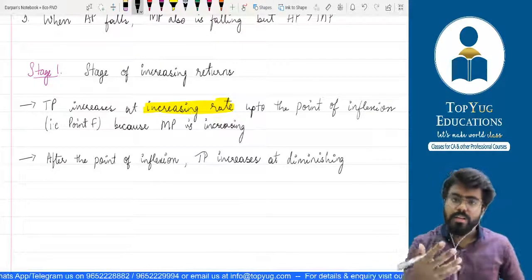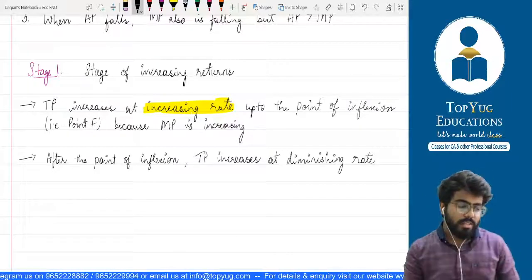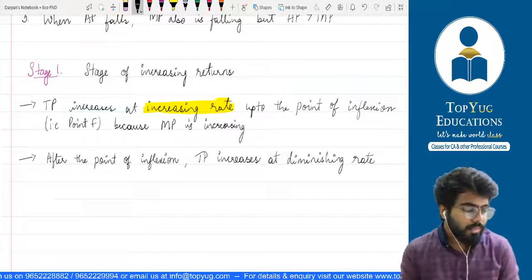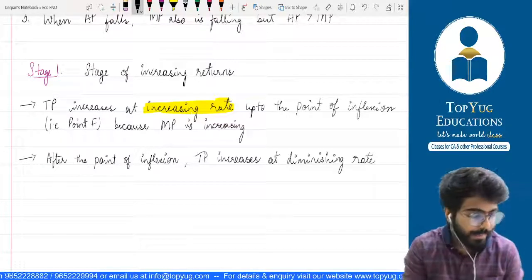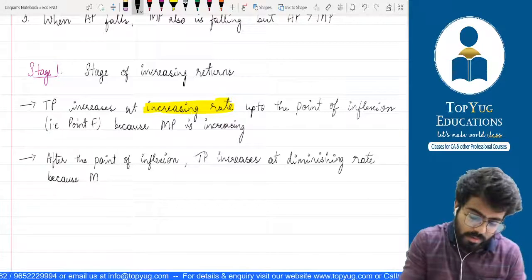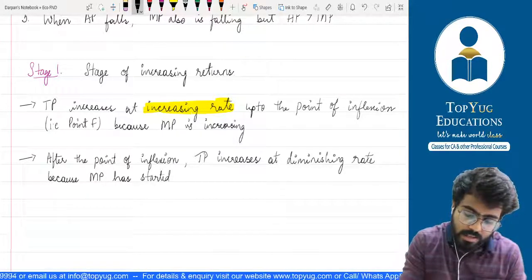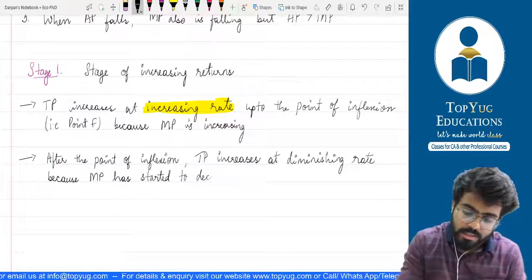TP is increasing still, right? But it is increasing at a diminishing rate. TP increases at a diminishing rate because MP has started to decrease.